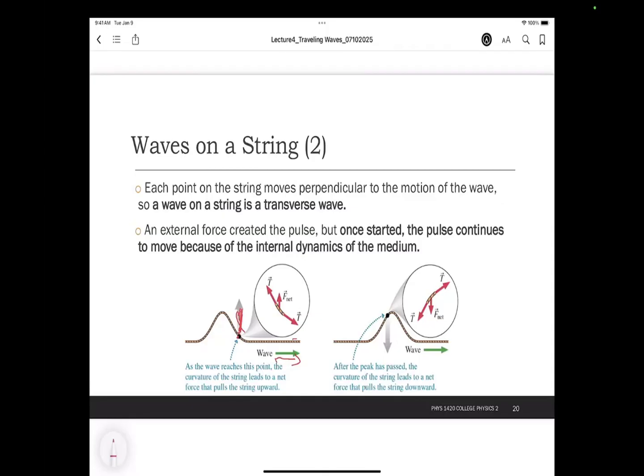There is an external force, for example, you use your hand to move this string up and down, and it will create the pulse. But once it starts, the pulse continues to move because of the internal dynamics of the medium. Does it make sense to you?